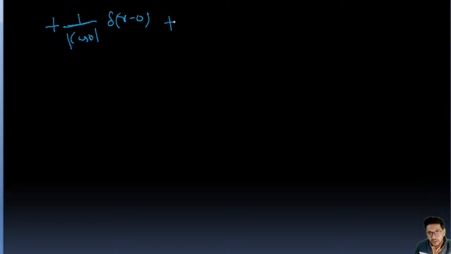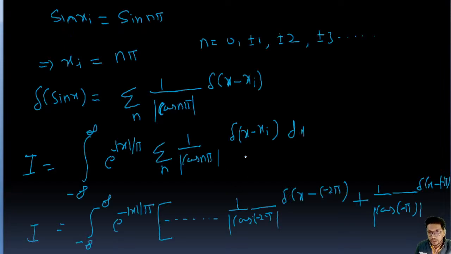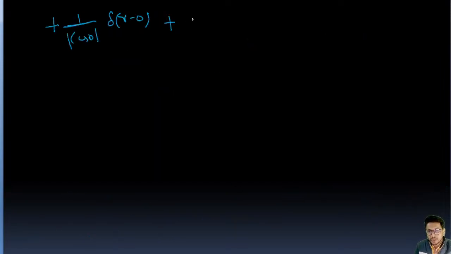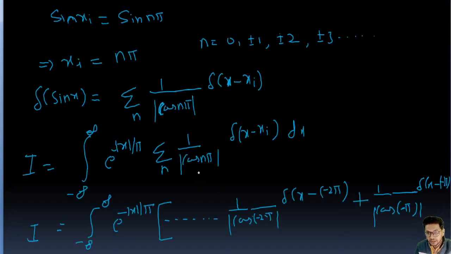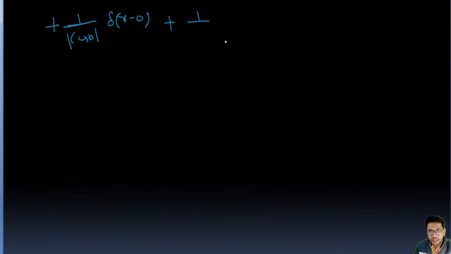Then we'll put n equal to plus 1, so it is going to be 1 upon cos pi, mod, delta x minus pi.